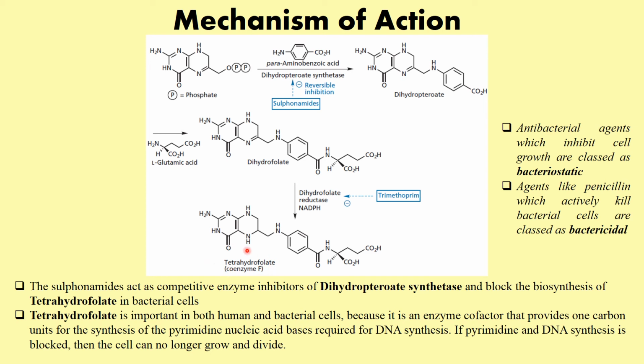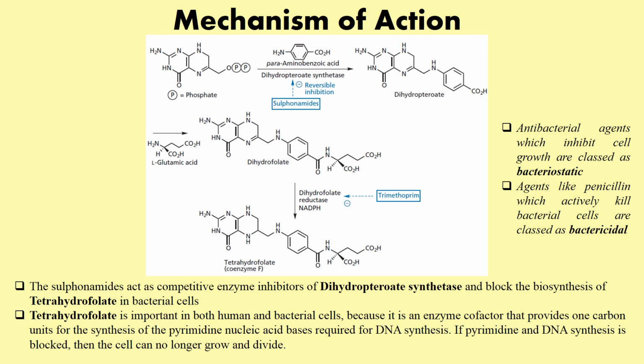And it is important both for human cells and for bacterial cells. If we can inhibit its formation, we prevent the cell from growing and dividing. That is how this sulfonamide drug, which acts as a competitive enzyme inhibitor, works. Competitive means it is competing, and we are blocking the tetrahydrofolate in the bacterial cell.